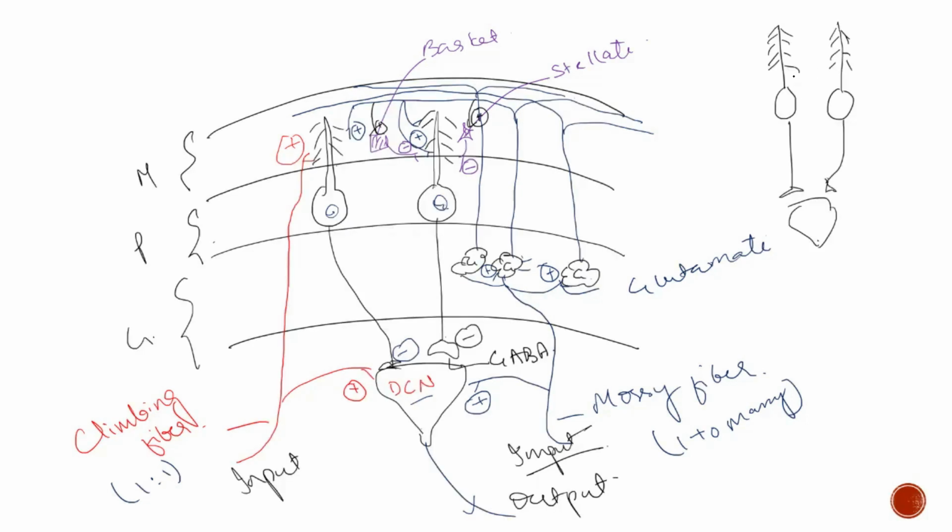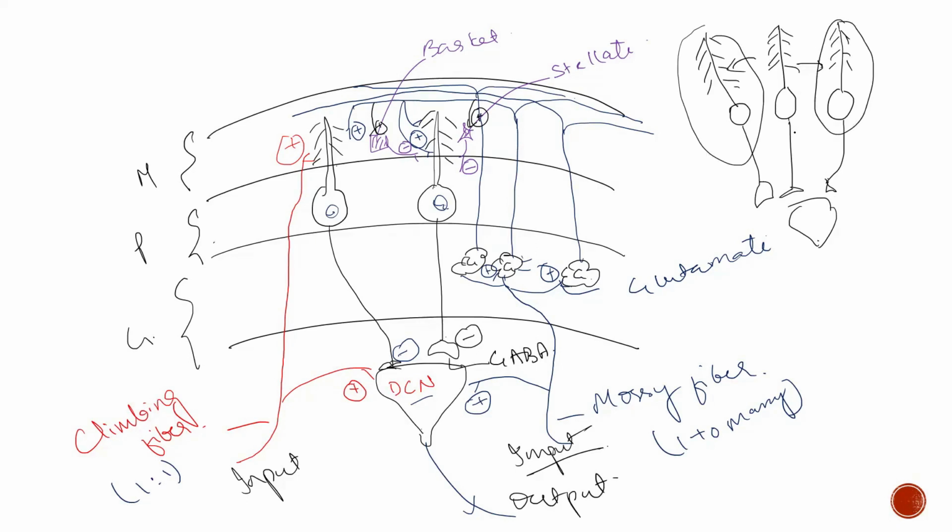Now, suppose I want that my impulse from the central Purkinje cell should reach, okay, and the rest of the information coming from the peripheral part should not reach my deep nucleus. What should I do? I should inhibit the neighboring one, right? Then only the information which is passing from the central one, from the major one, will be executed.